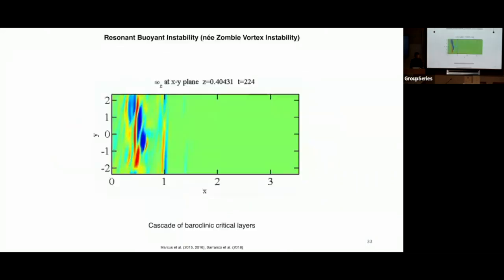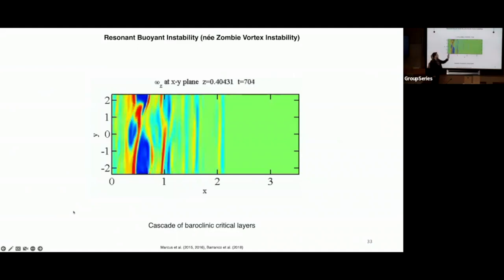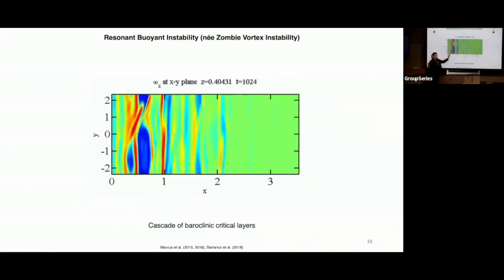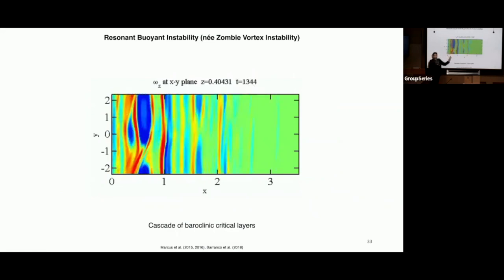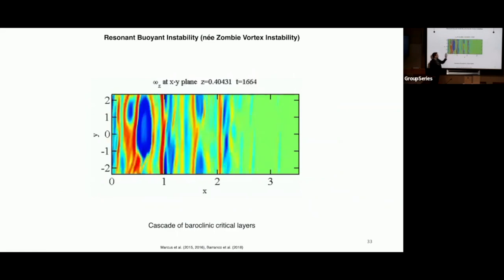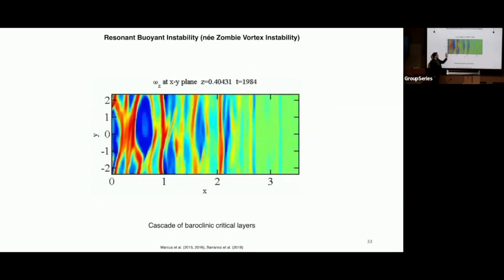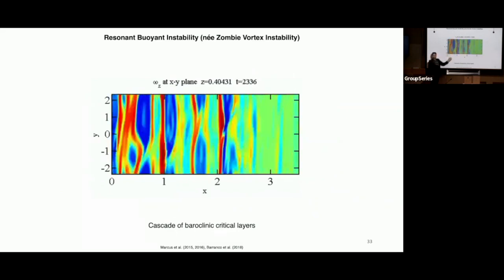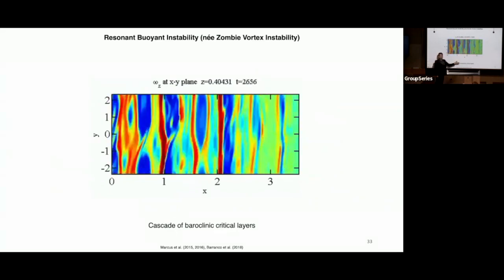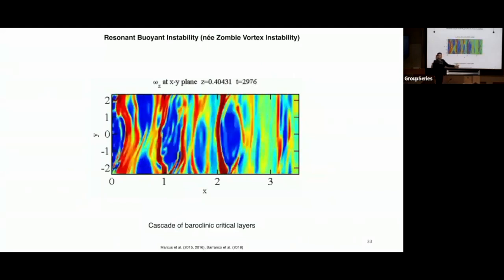And the third mechanism would be the resonant buoyant instability, or the zombie vortex instability. What is going on is that if you have a perturbation anywhere in the disk, the epicyclic frequency of that oscillation is going to find a resonance with the buoyancy frequency somewhere in the disk.